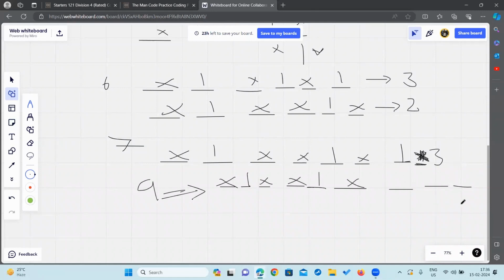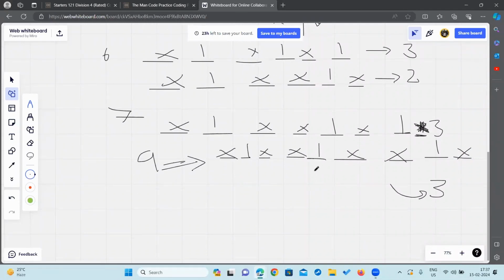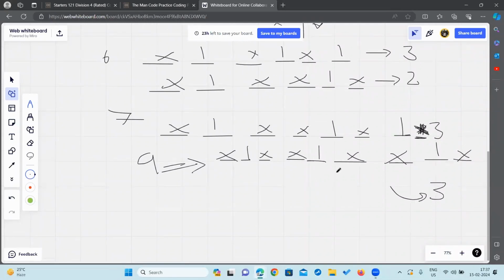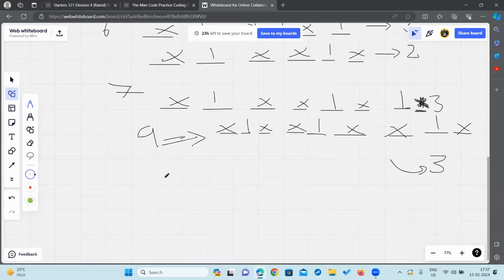If we consider it like that, we will get 4, because a person here, no person here, then a person here. So 2 plus 2, 4 we will get. Instead of that, if we add 1 over here, we will not need to add 2 people here. So this will give us the minimum result as 3.